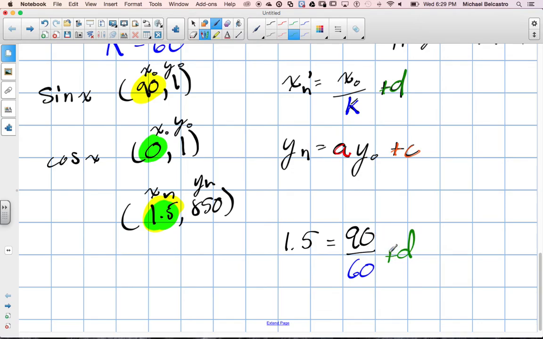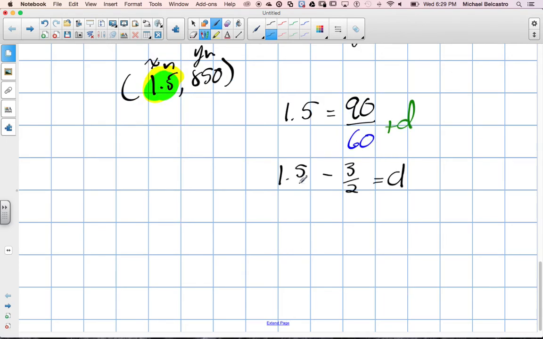So when we bring things over, we have 1.5, subtract 90 over 60, what is that? 3 over 2. So 3 over 2 subtract 3 over 2 is equal to your d value. That's 0. So the d value here is going to be 0, assuming we're using sine. So there's been no phase shift according to this.